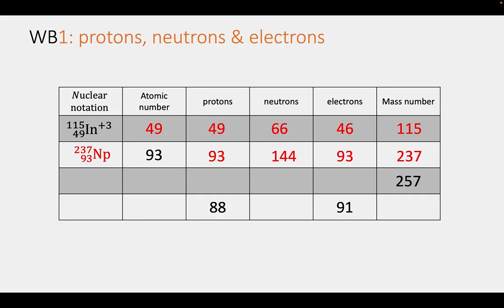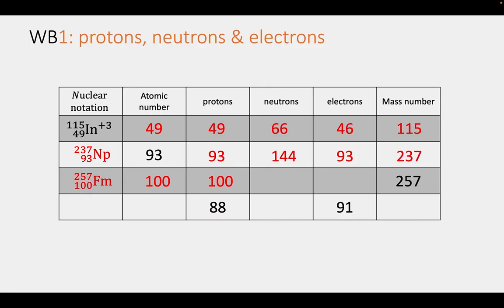Okay, the third one is you have a mass number of 257. You look on the periodic table for the one that has a mass of 257, and that's the one with an atomic number of 100. That's fermium. So fermium-257, with the 100 down here, the number of protons. So the atomic number and the number of protons is 100.